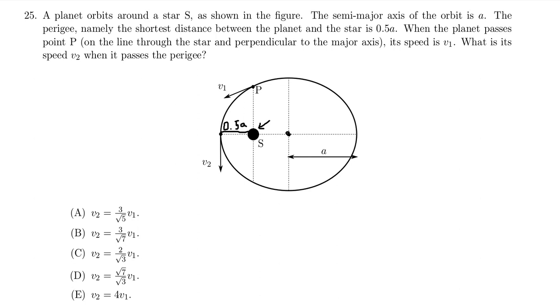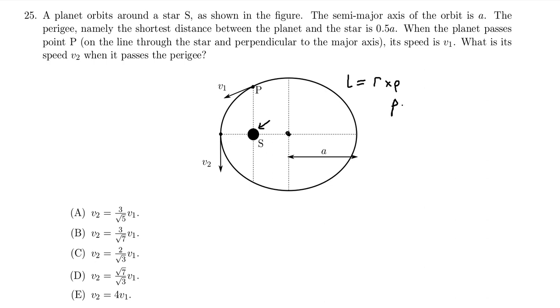So the thing that we're going to be using here is conservation of angular momentum, right? Angular momentum is the position vector crossed with momentum. This is conservation of angular momentum with respect to the star, so our position is with respect to the star. Then this value of L stays the same no matter what R is.